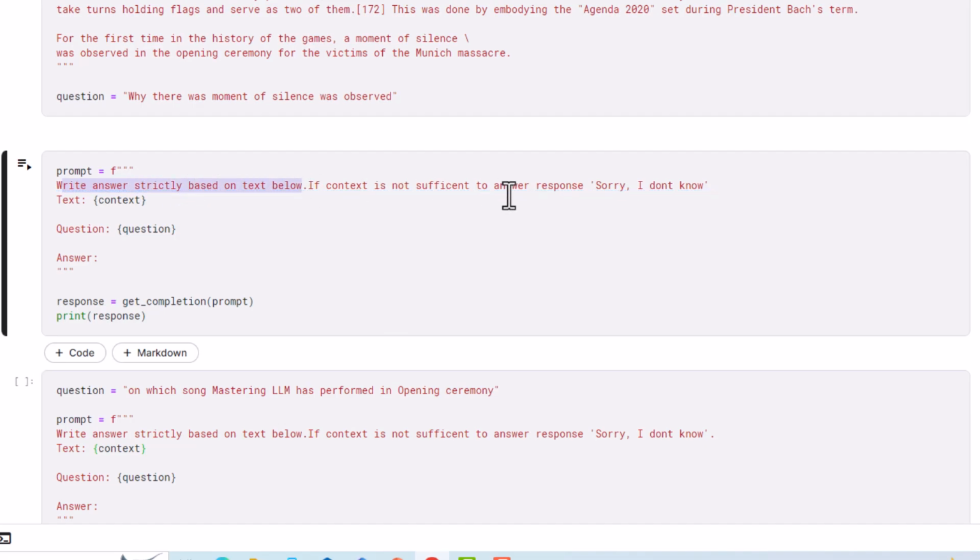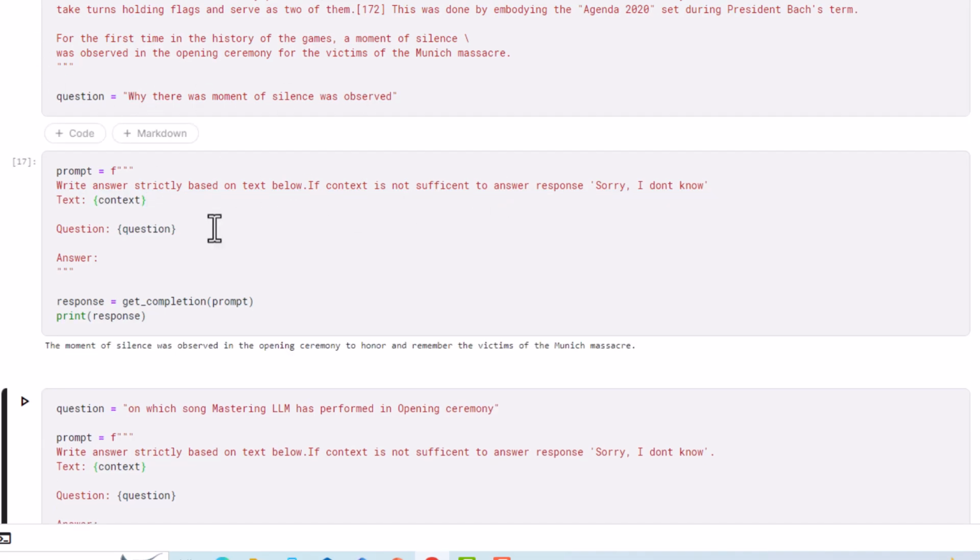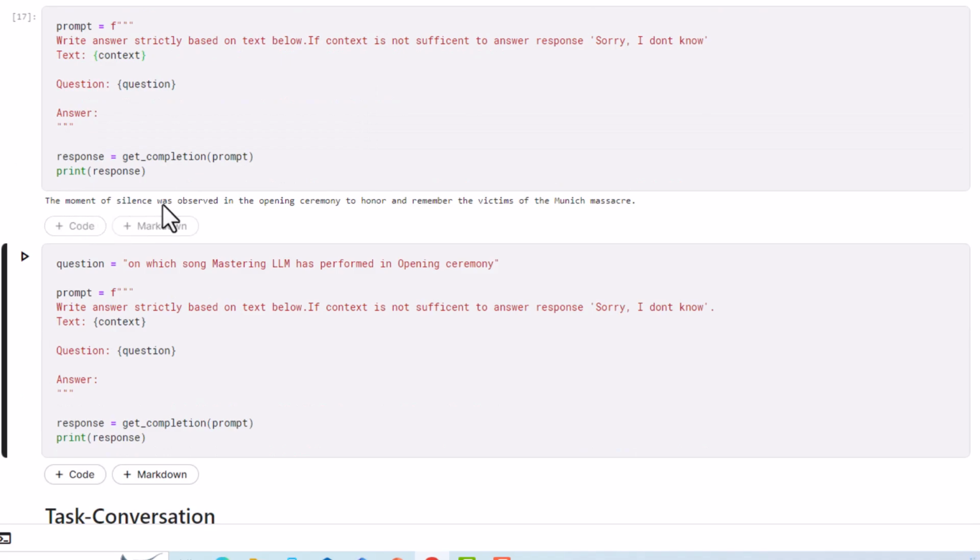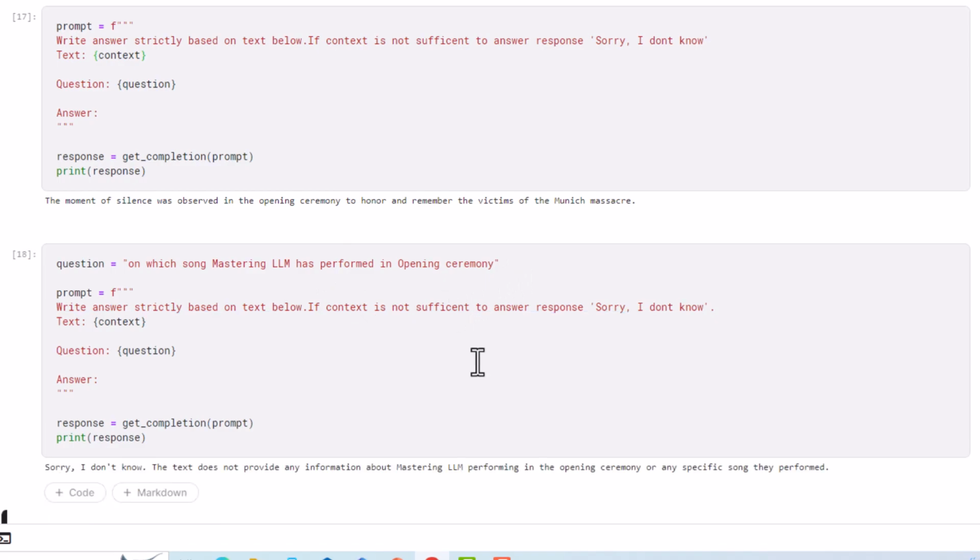If the text is not sufficient, say sorry, I don't know. So I will run this prompt based on this question. As you can see, the model has responded with a proper answer. Now in the next question, what I'm asking is on which song Mastering LLM has performed in the opening ceremony. Since this answer is not available in the context, it will say, sorry, I don't know.